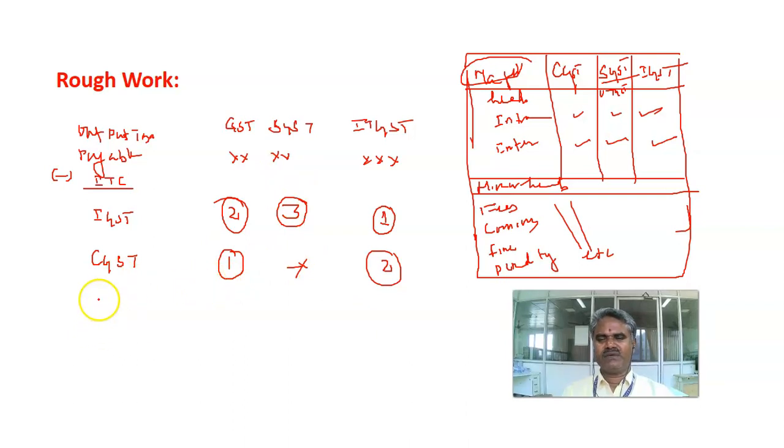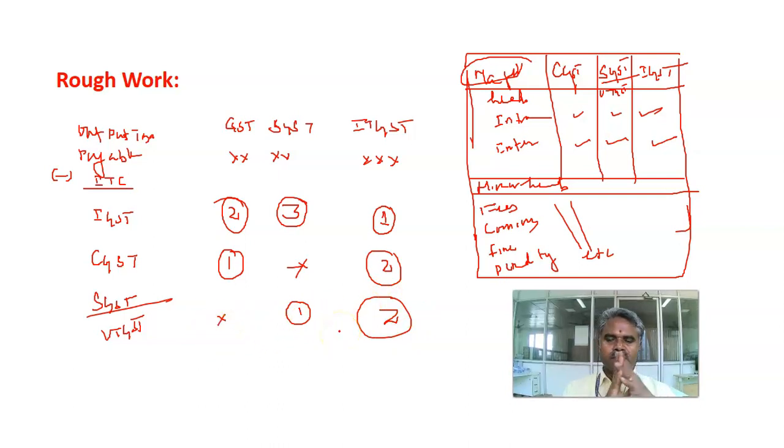Then when you have SGST or UTGST, first you have to adjust against SGST, then adjust against IGST, not CGST.